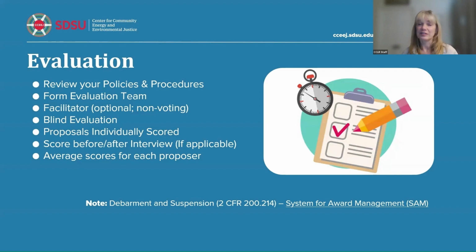Blind evaluation. Personally, this is key for me, because you don't really want your team talking with one another until you're all together, right? Have each member evaluate the proposals individually, and that's what we call a blind evaluation. They score them individually.